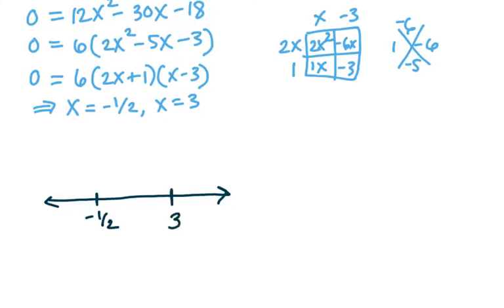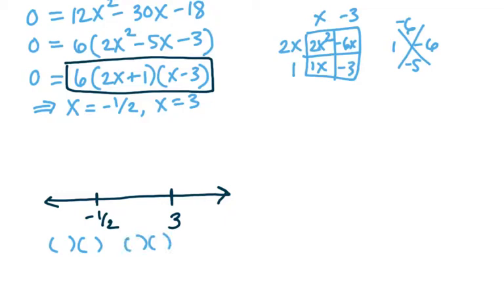Okay, and so we're really using this factored form right here. Well, we don't even really care about the 6. If it were negative, we'd care though, so let's think about it. And we're using these two factors here to kind of plug in test points. So a lot of times when you look at my scratch work, what you'll see are little parentheses where I've put positives and negatives in.